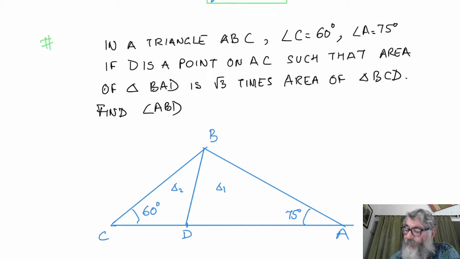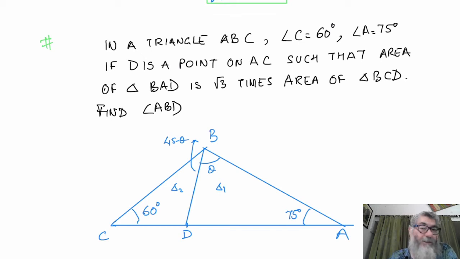The total angle at B will be 45, because angle B is 180 minus (75 plus 60), which is 45 degrees. So suppose angle DBA is theta, then angle CBD will be 45 minus theta.